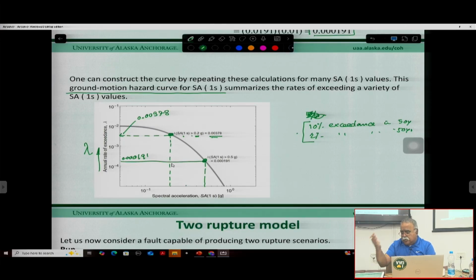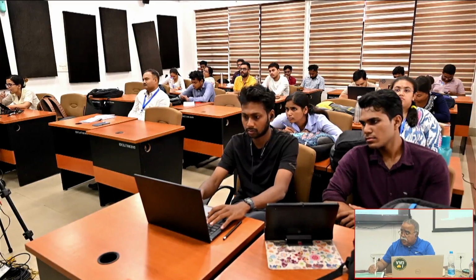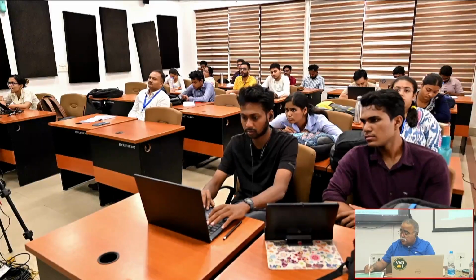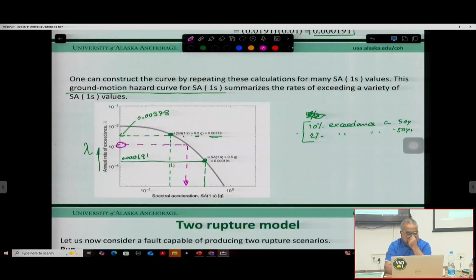So we do basically a reverse thing. We fix these numbers, and then draw this curve and get what the spectral acceleration of that particular area will be, and based on that we calculate this.